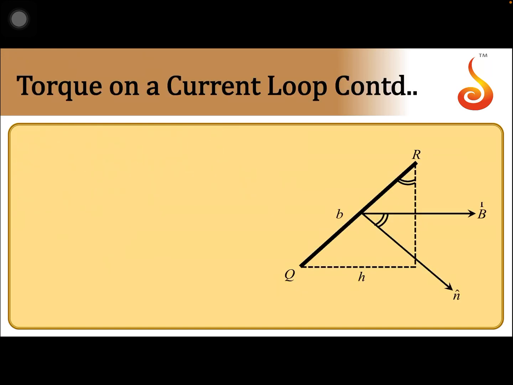But if we take the coil which is rotating, at an instant the magnetic field vector and the area vector form angle theta. So in this case, if the breadth of the coil QR is equal to b, then I take the perpendicular distance between the lines of action of the forces. One force is this way, one force is this way, so the distance between them will be equal to this.